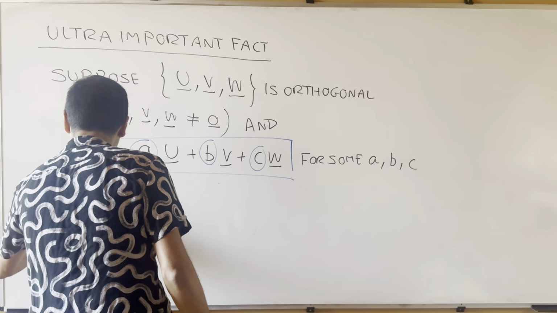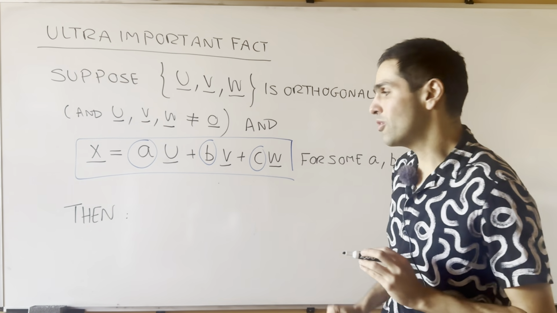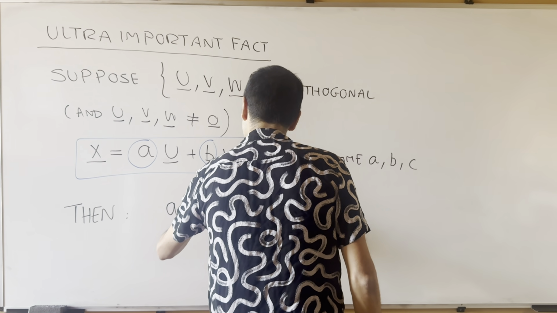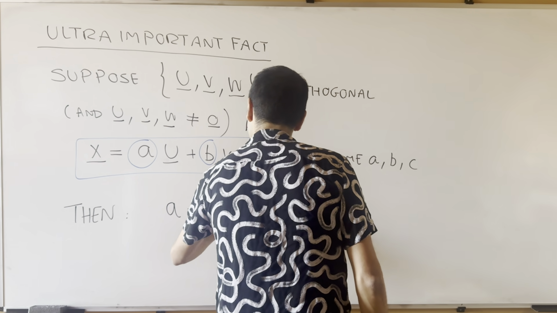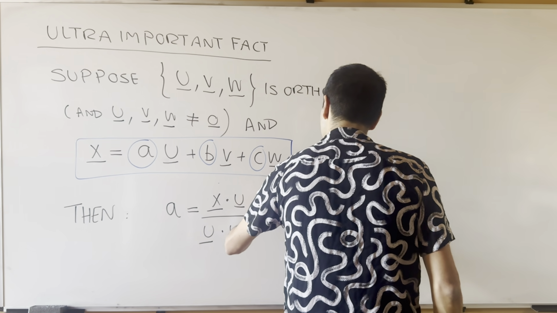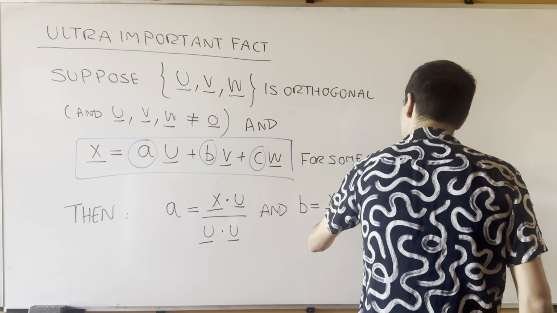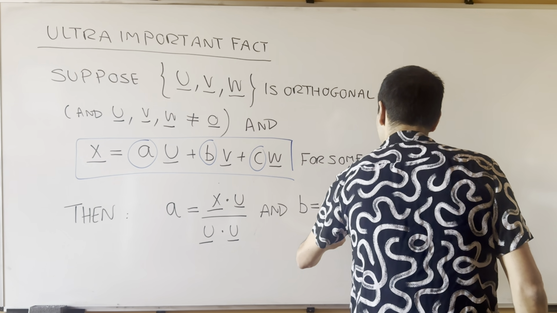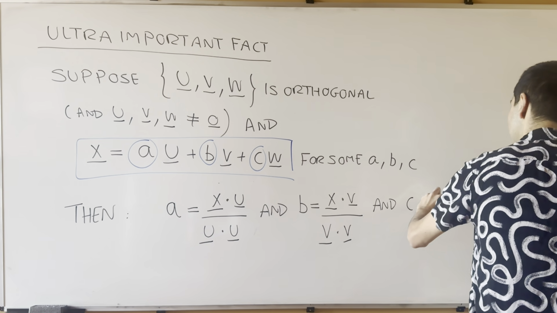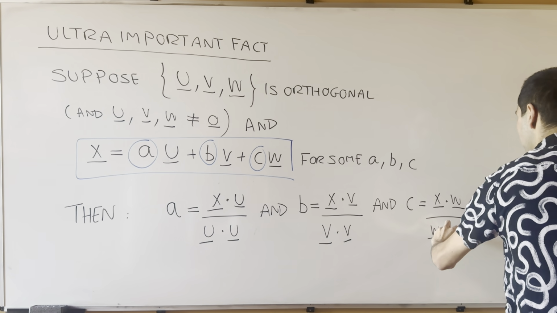More precisely, we have super explicit formulas for the coefficients, because a is just x dotted with u over u dotted with u, and b is x dotted with v over v dotted with v, and finally c is x dotted with w over w dotted with w.